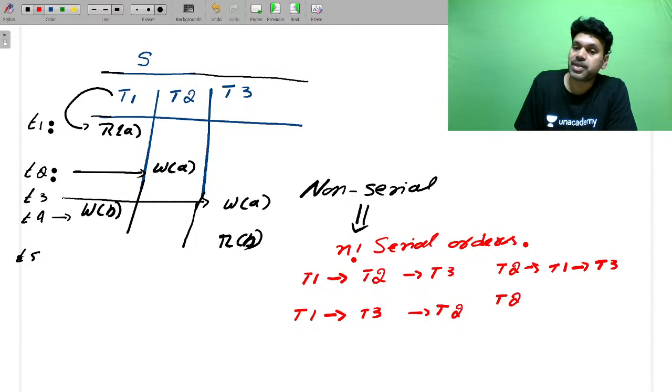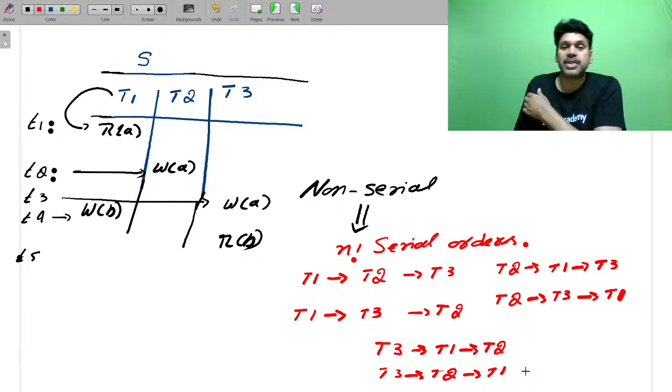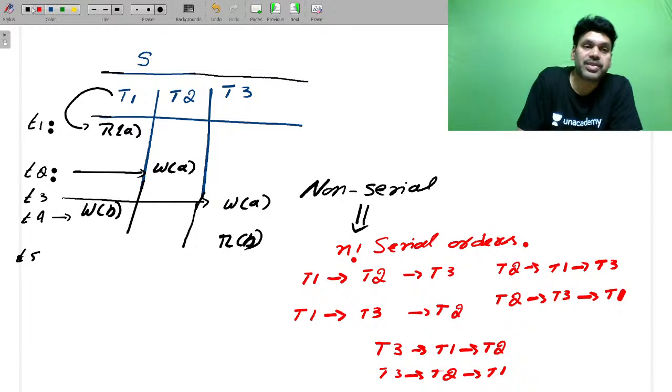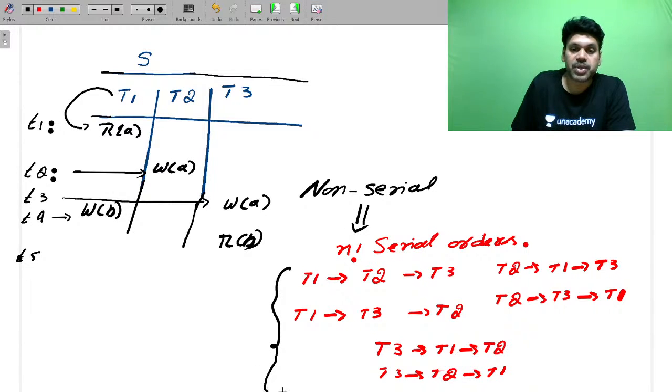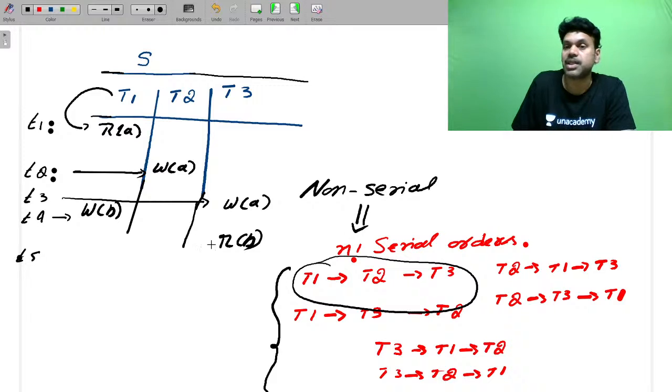Next one, T2 start, then T3 and T1. And the last combinations are T3, T1, T2 and T3, T2, T1. So these are all serial derivations only. One after another they are executing. I will show you one of the combinations, how they are derived into serial fashion.